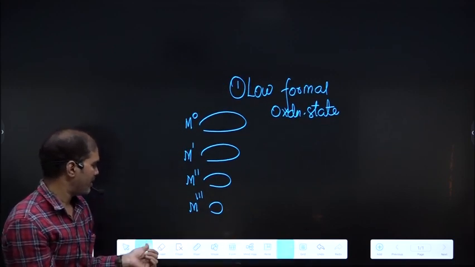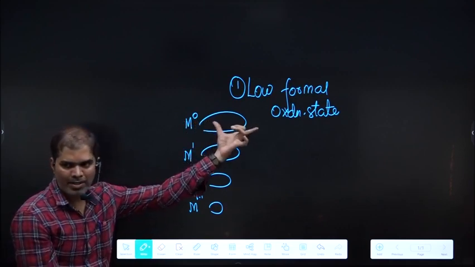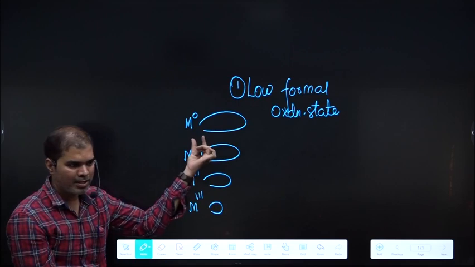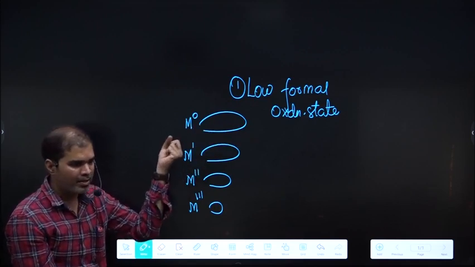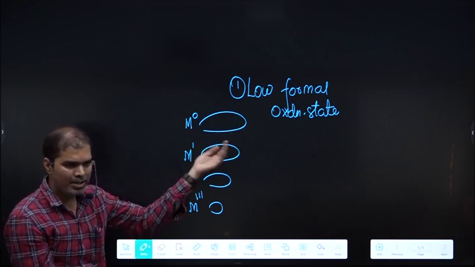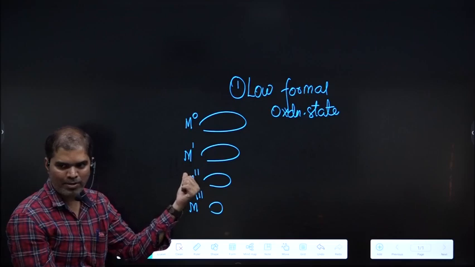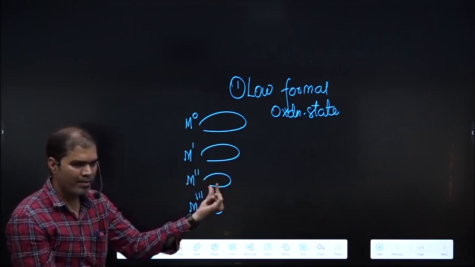How to understand it? Suppose I am taking a metal present in 0 oxidation state, its lobe will be larger. Metal present in +1 oxidation state, nuclear charge is increasing, effective nuclear charge will also increase, so the size of the lobe will decrease because there is more attraction. Same number of protons but fewer electrons, attraction will be more, size of the orbital will shrink.